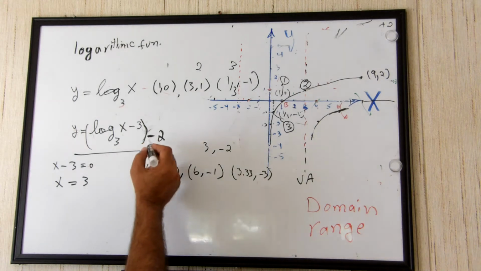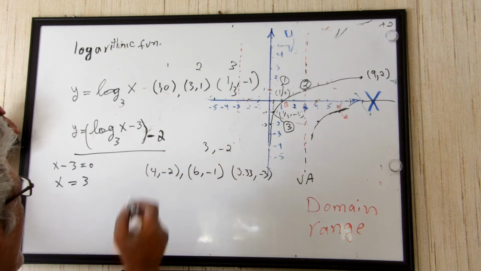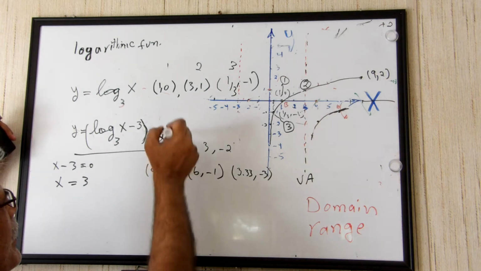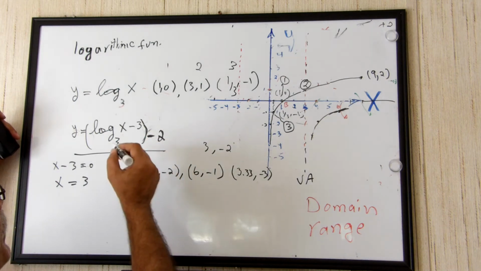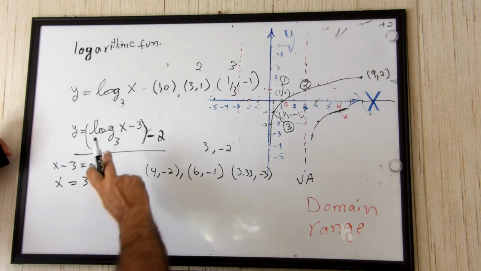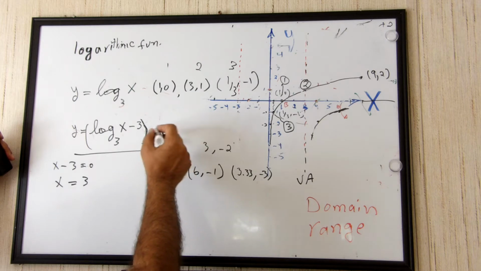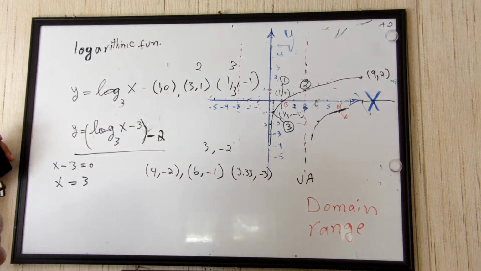So what it means is that 2 units is going to come down. Actually this shows the y. What's the value of y? Minus 2.